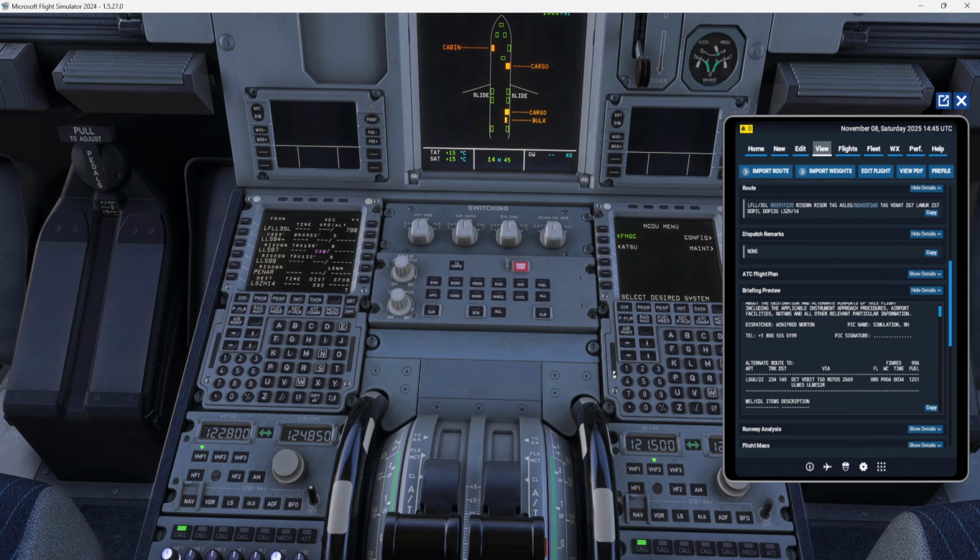Perfect. Then we return back. We go to the airports, LSGG. We select arrival, and we have ULM to Romeo. So it's going to be runway 22, ILS 22, and we have ULM to Romeo.